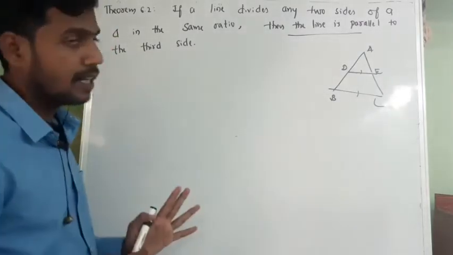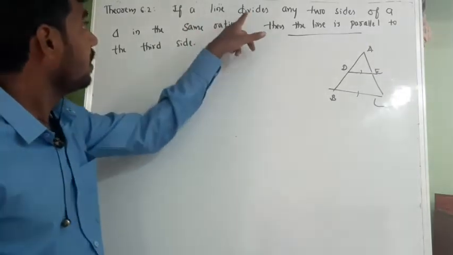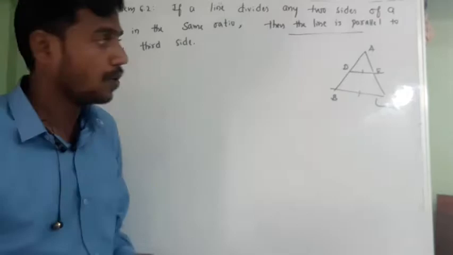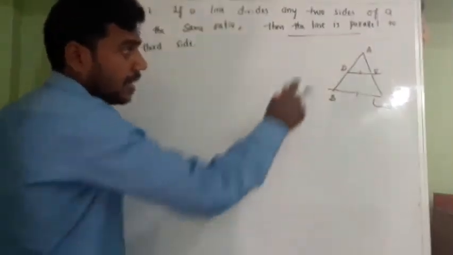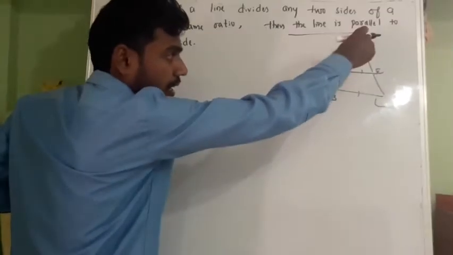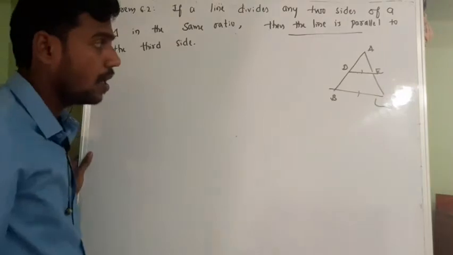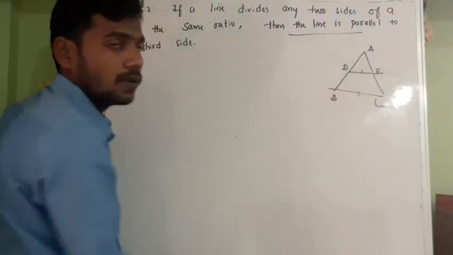Whereas the converse states, if a line divides any two sides of a triangle AB and AC in the same ratio, then the line is parallel to the third side, that is BC.